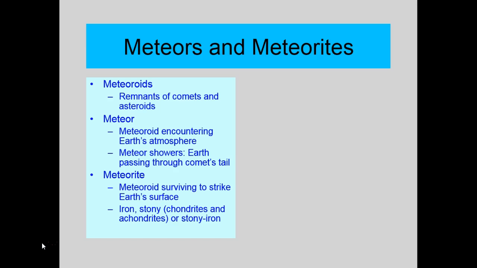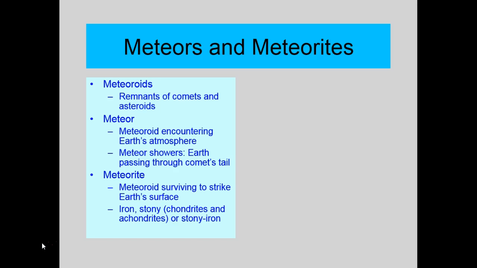Comets are always going around the sun, but remember, they're dirty snowballs held by ice, and when that melts, chunks of rock are released. Anytime comets come around, unless they pick up more moisture when they go back out, they're going to get smaller and smaller. So the chunks of rock that are left over, these are your meteoroids. They're just chunks of rock hanging around in space somewhere in our solar system.